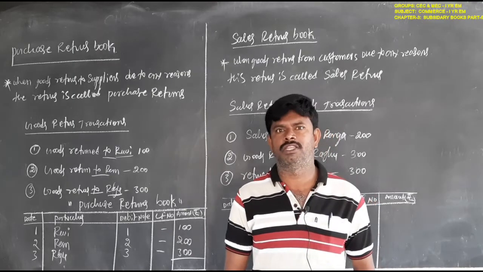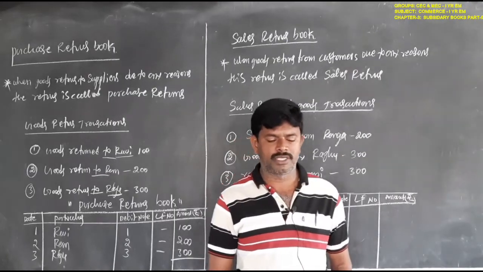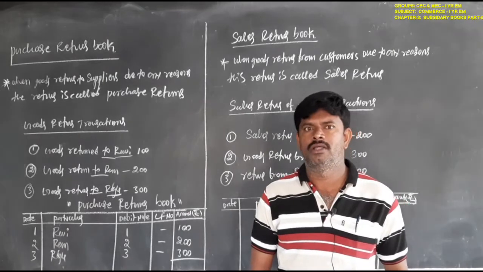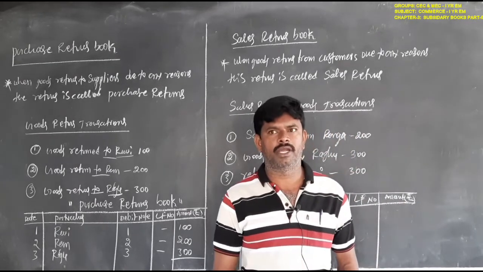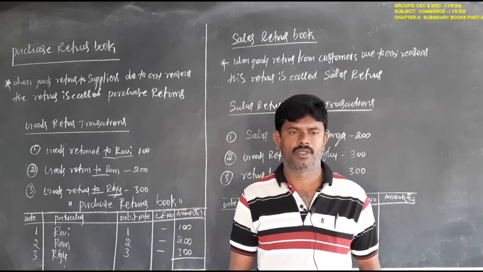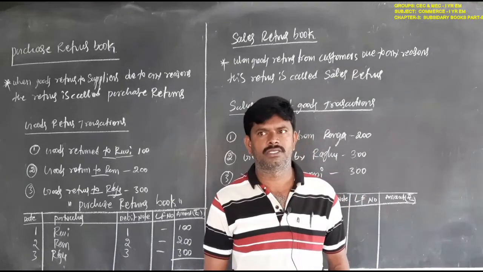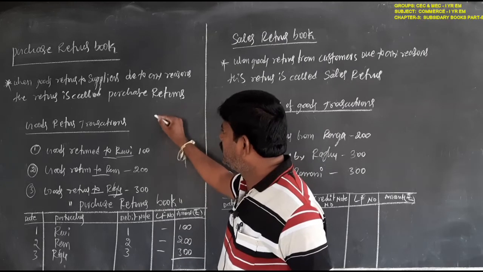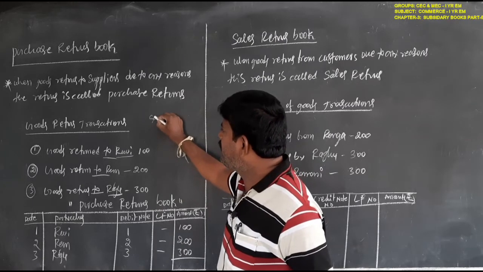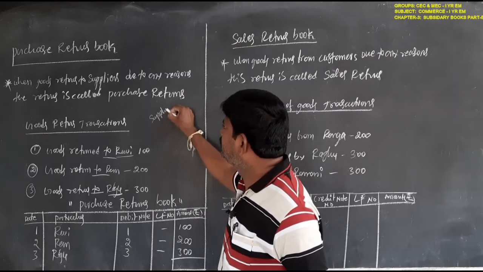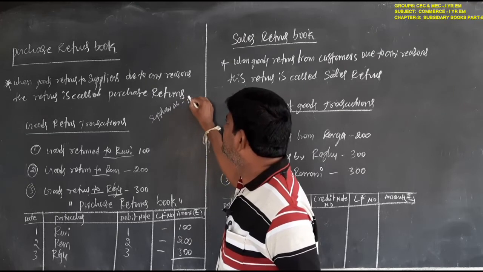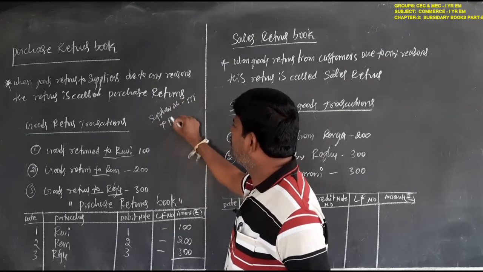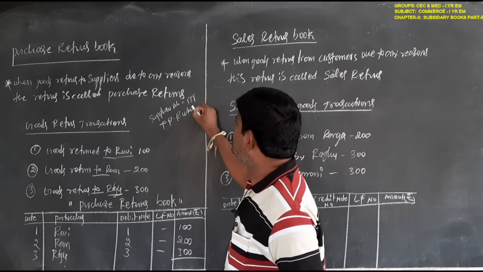Debit note means, when we purchase, the supplier's name is credited in the previous entry. For cancellation purposes, it is recorded the other way, the supplier's account debited to purchase returns account.